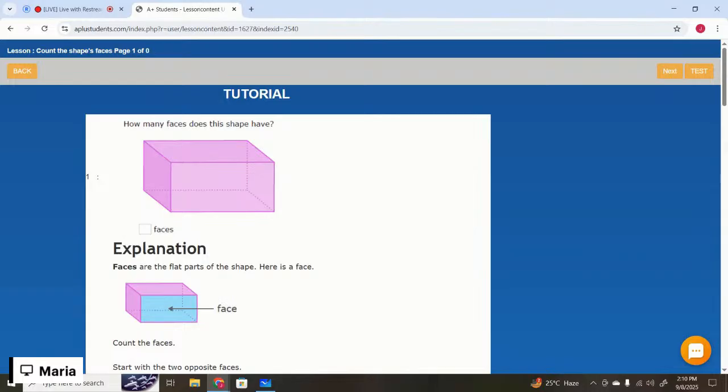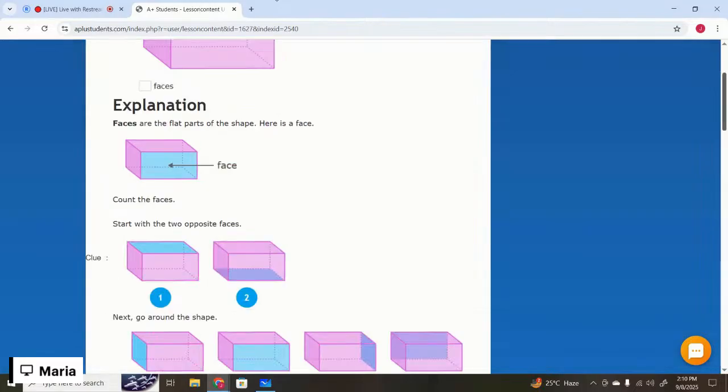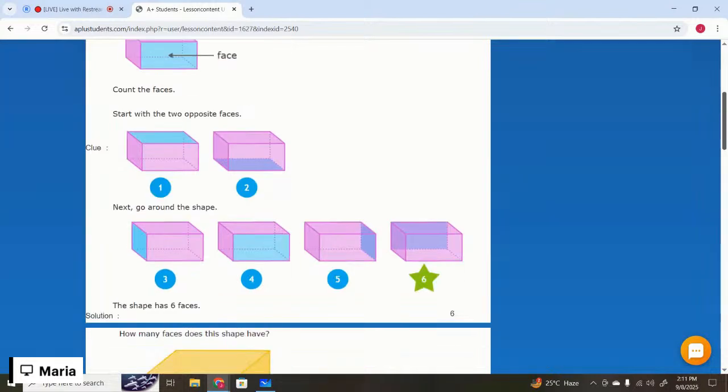The shape looks exactly like a shoebox, right? You need to count the faces. The faces are the flat parts of the shape. Faces come in pairs, like this one and the one on the opposite side. So one, two, three, four, five, six. The shape has six faces.